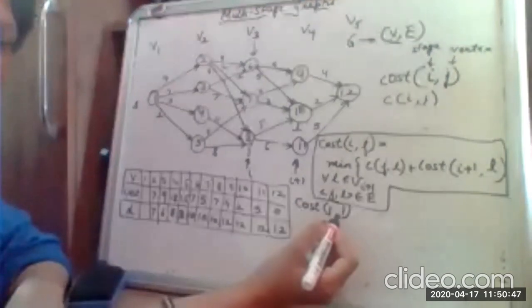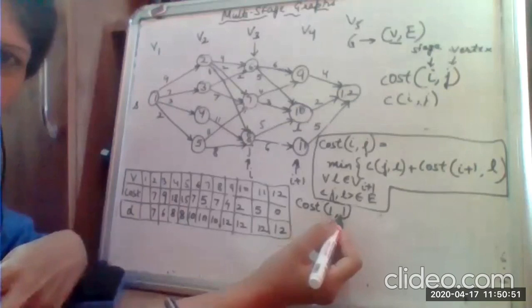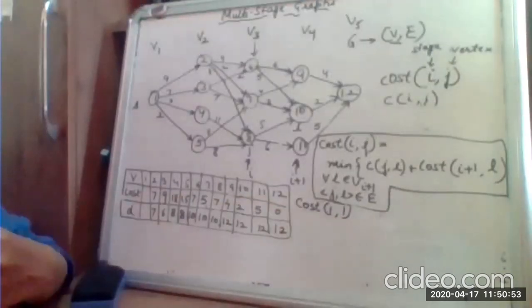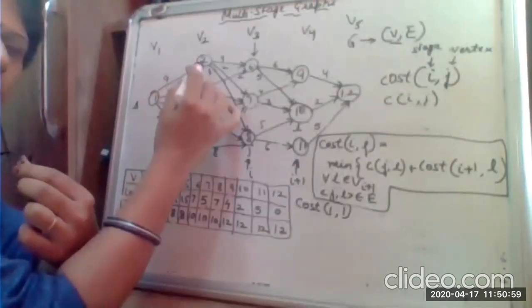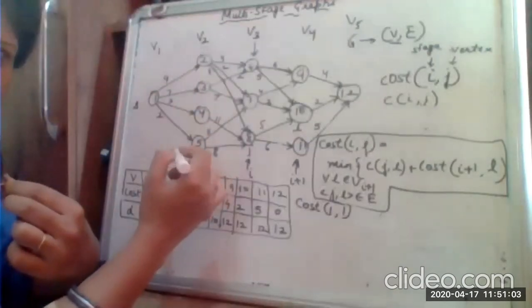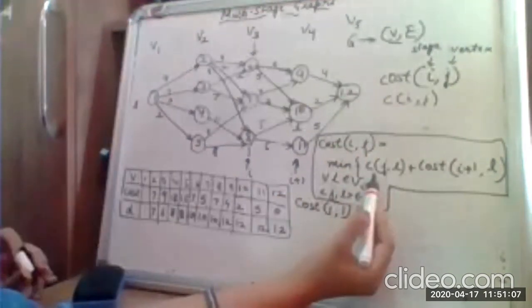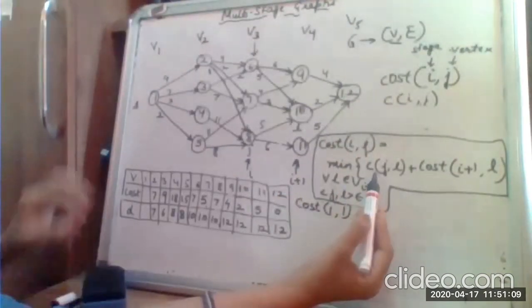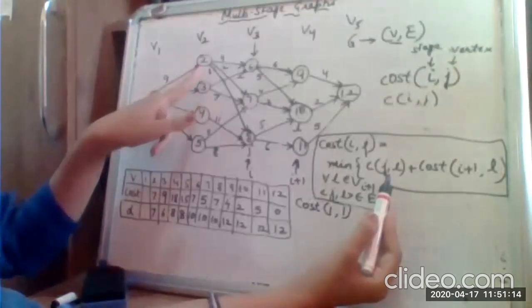That is, what is the cost of stage 1 first vertex? Yes, so for that, as we have done earlier, we are going to check what is the cost of the path from second vertex, third, fourth, and fifth. Yes, so now you can see clearly what this particular formula is doing. It is just getting the cost of the edge for the next vertex that we are choosing, whether we choose 2 or 3.